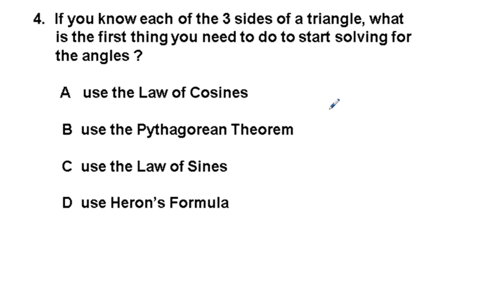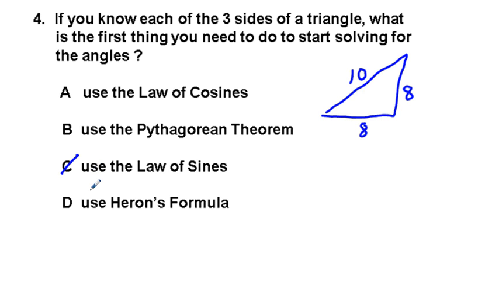If you know each of the 3 sides of a triangle, what is the first thing you need to do to start solving for the angles? Well, if you have a triangle like this, okay, we have sides 8 to 10. We can't use law of sines because we don't have a known side opposite a known angle.